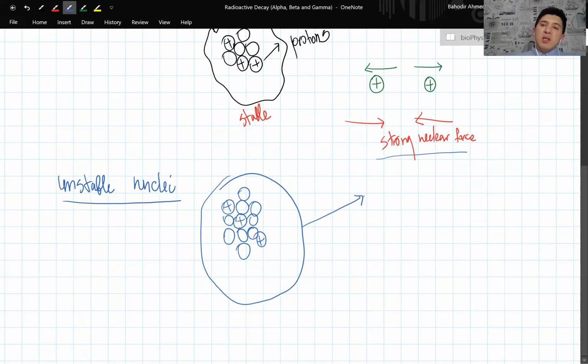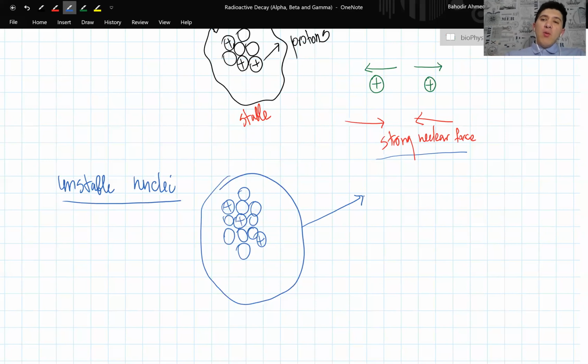So radiation is when the unstable nucleus tries to kick off some of its particles in order to become more stable. Depending on how many particles it tries to give out from its nucleus, we differentiate the types of radiation: the alpha radiation, the beta radiation, or the gamma radiation.